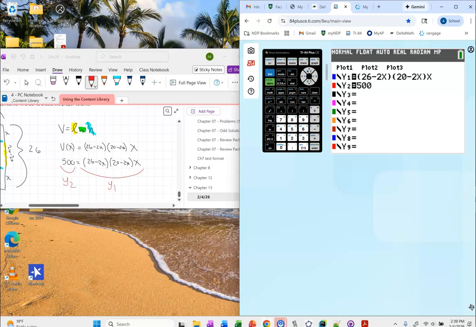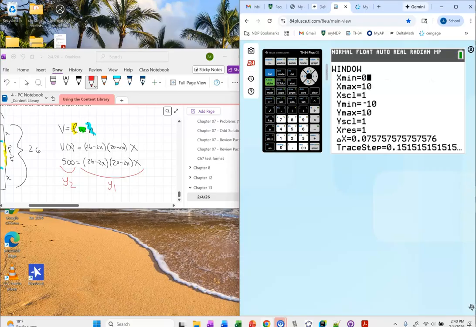Now, I'm going to have to pick a window to find the intersection of these two things. Let's think about what are some realistic values for x. X is the amount of distance we're going to cut out. What's the smallest possible x we could cut? How about 0, right? What's the biggest possible x I could cut? Not 20. 10.